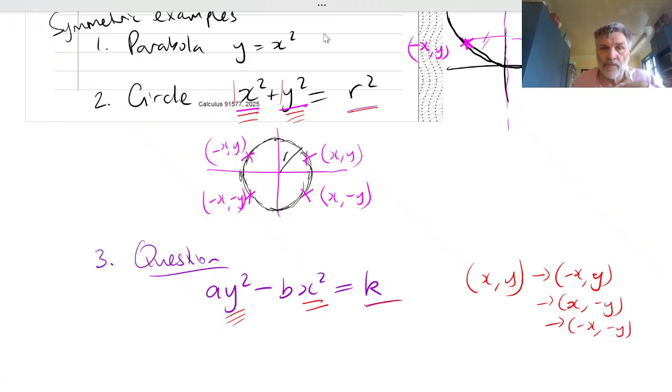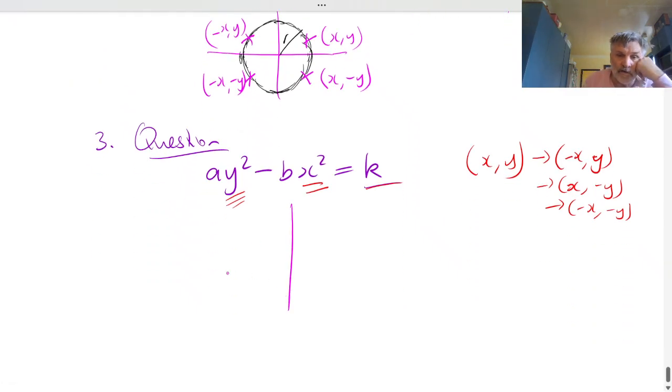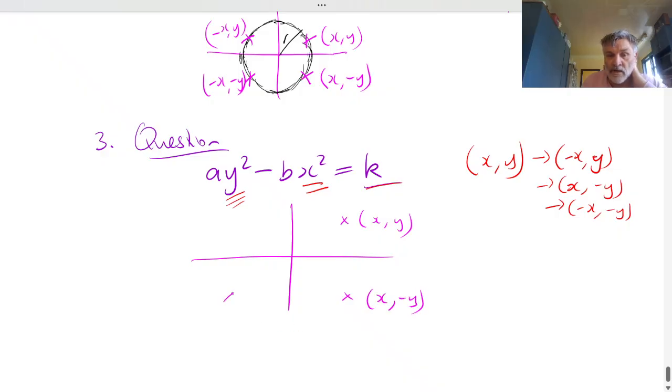So let's draw a picture yet again. So the form that they want you to give an answer in, if we have a solution x, y up here, not drawing the picture, but we know that the point x, negative y down here satisfies. We know that the point over here, negative x, negative y, satisfies this equation, and we know that the point up here, negative x, positive y, satisfies this equation.